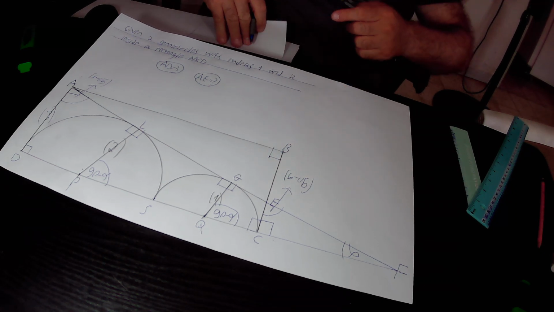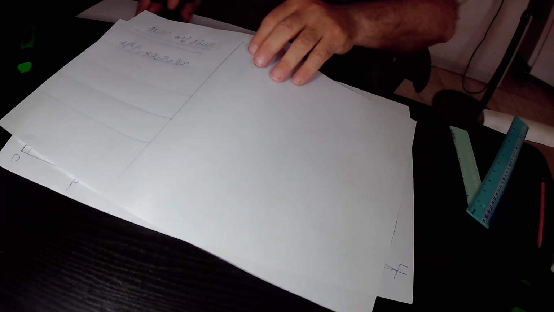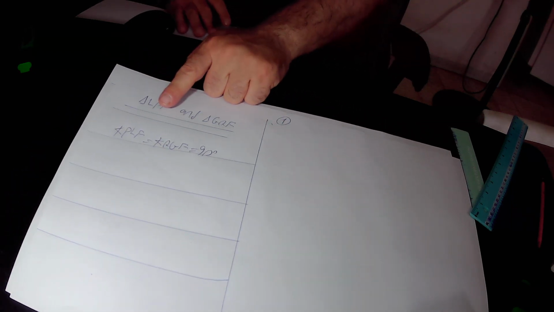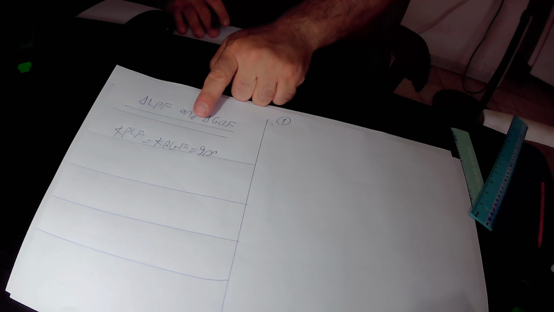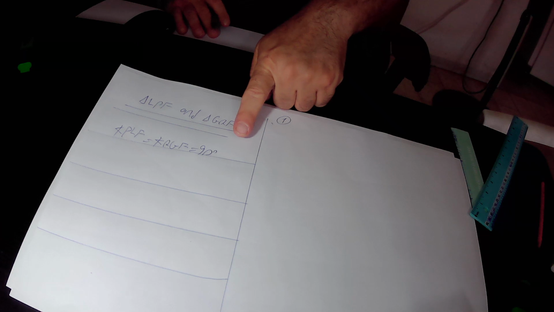So again, angle PLF in the big right triangle LPF equals angle QGF in the small right triangle FGQ. They are both equal to 90 degrees and therefore they are equal to each other.